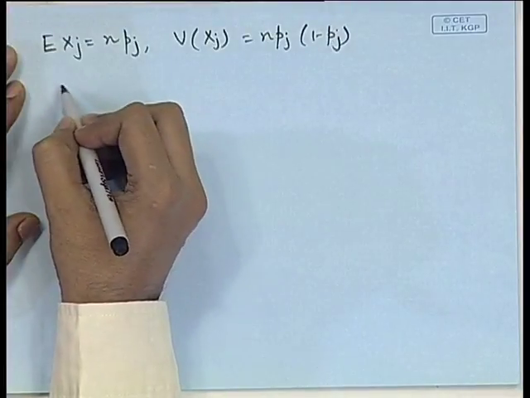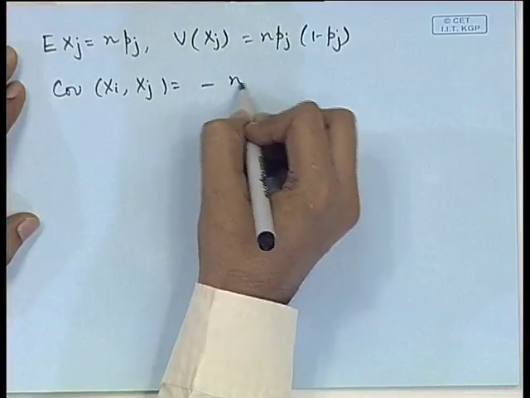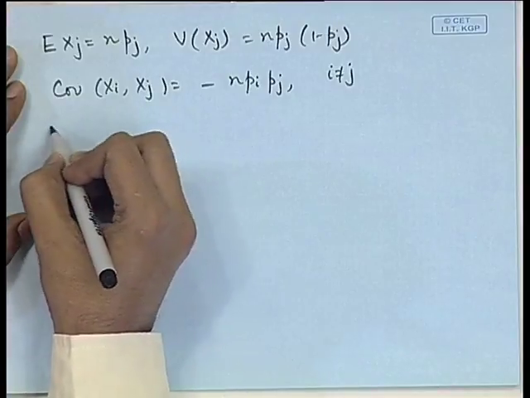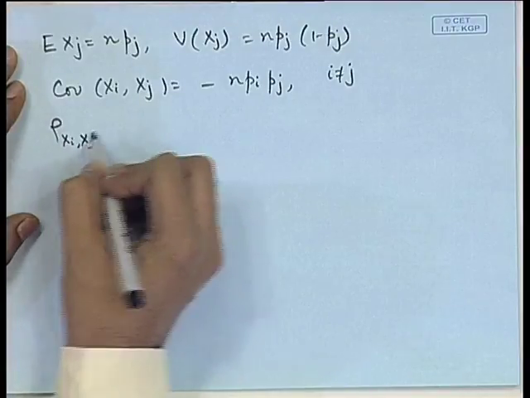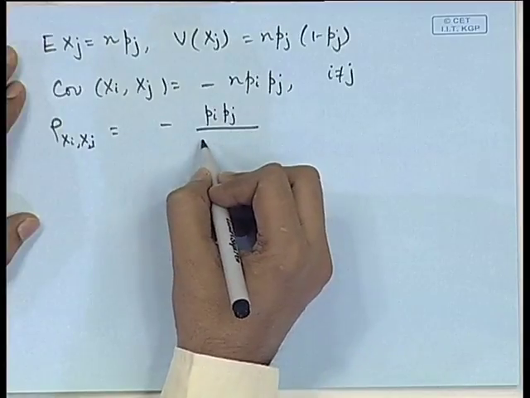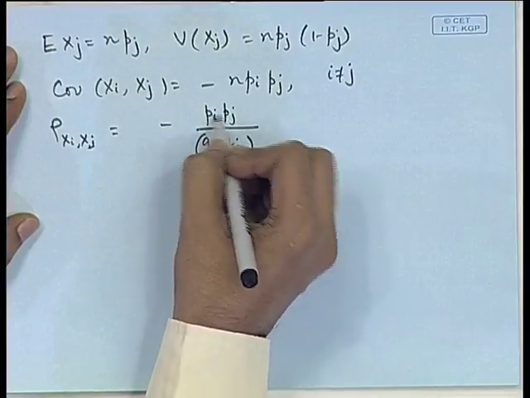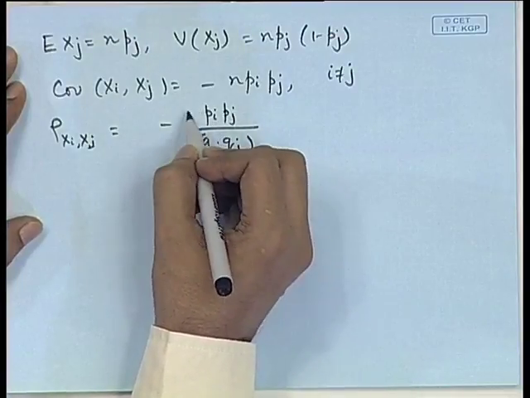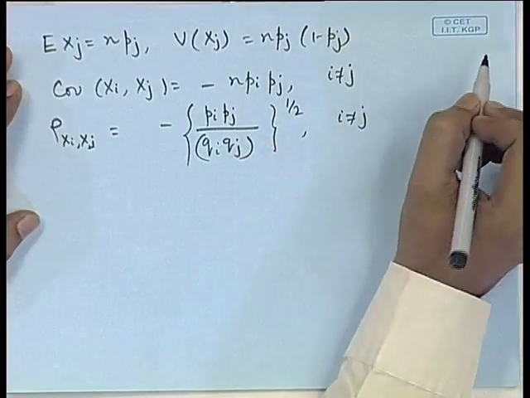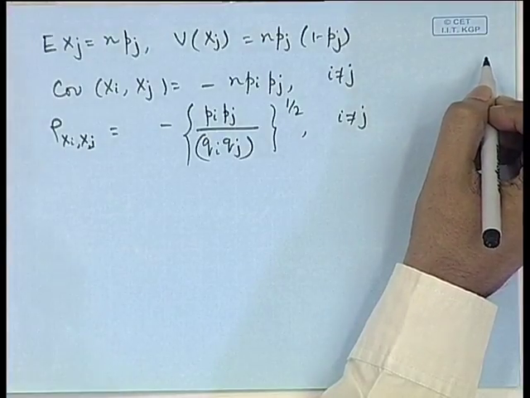We can also talk about the covariance between x i and x j, that will be minus n p i p j for i not equal to j, and therefore the correlation coefficient between x i and x j can be calculated to be minus (p i p j divided by q i q j) to the power half, where q i and q j denote 1 minus p i and 1 minus p j, for i not equal to j. So, the correlation coefficient between two of these can also be calculated.